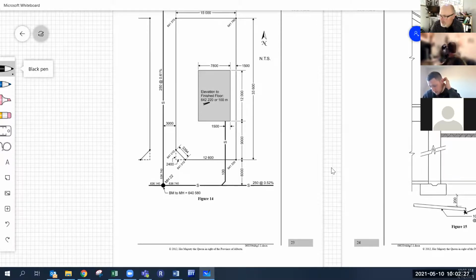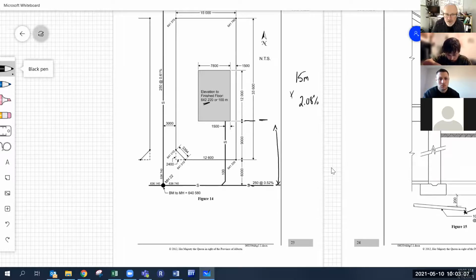The next question is, what is the total drop of the building sewer from the house to the main sewer? So from the house to the main sewer, what is my total drop over the length of my pipe? I know that I'm running at 2.08%. I have a distance here of 15 meters.